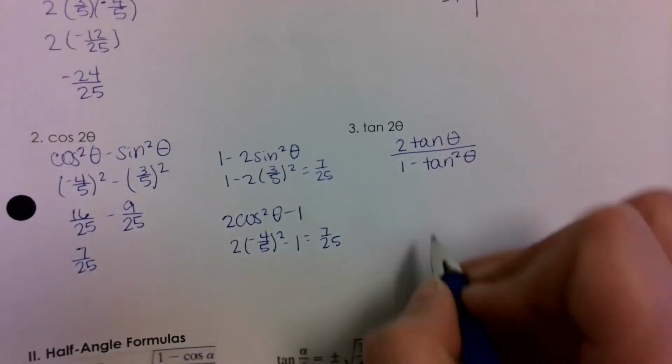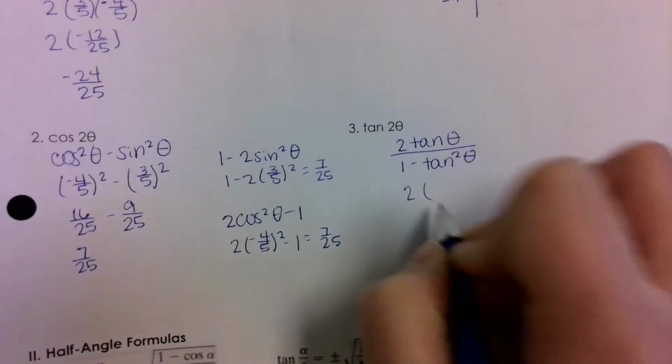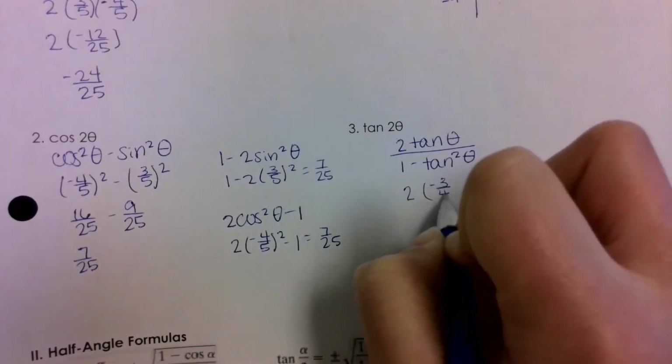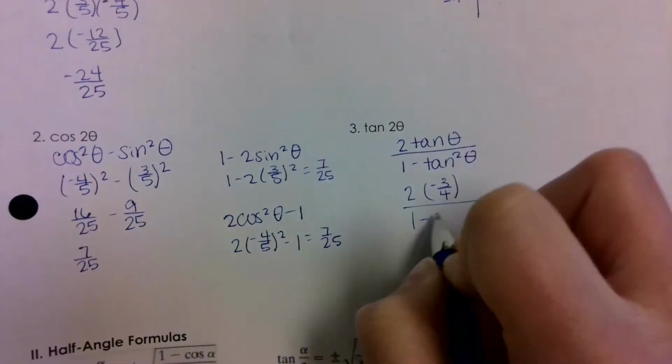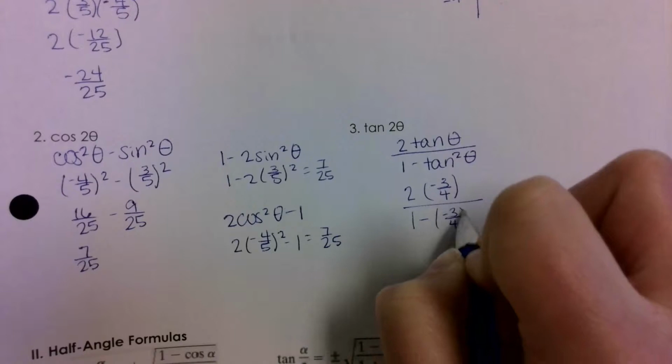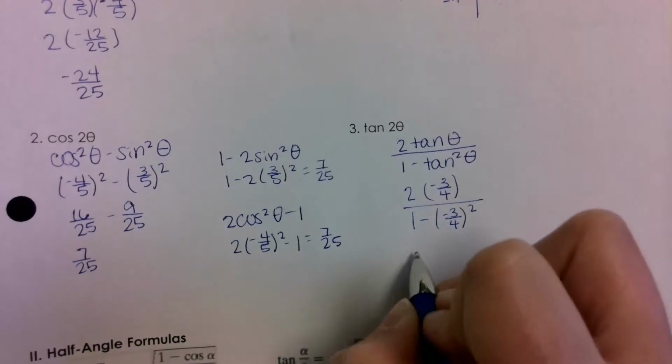What was tangent theta for us? Negative 3/4. Then we're going to have 1 minus tangent squared, so negative 3 over 4 squared. So up top, you're going to get negative 3 over 2.